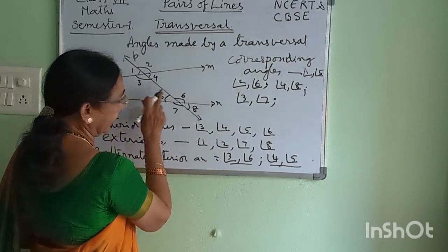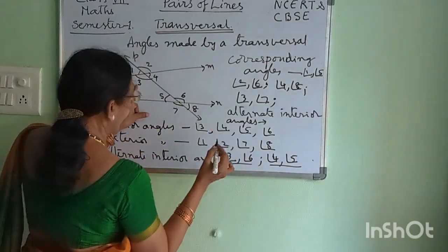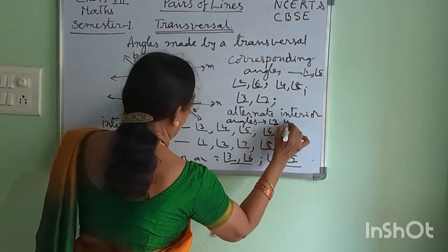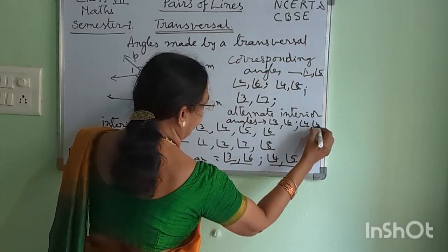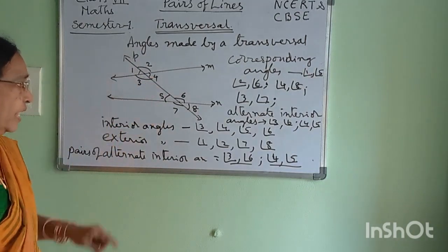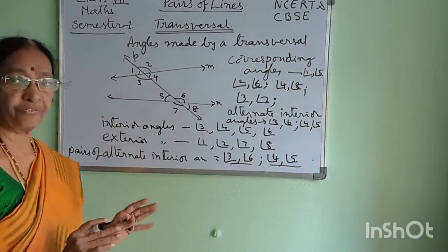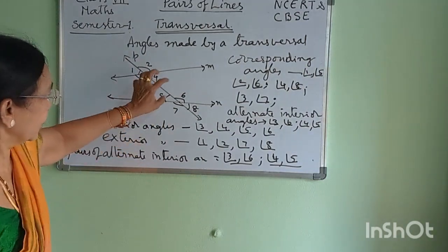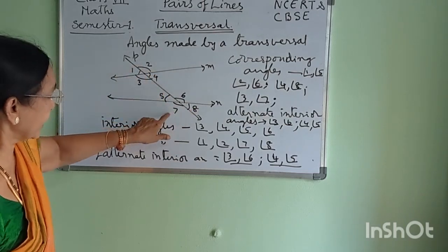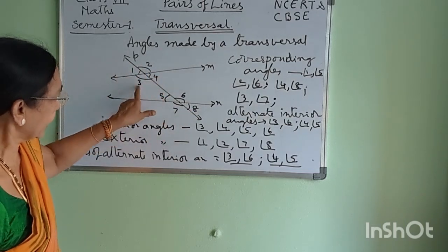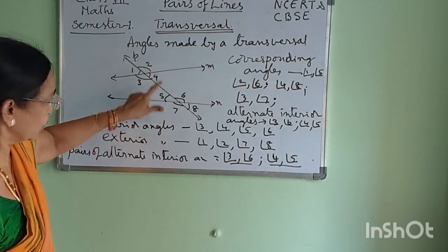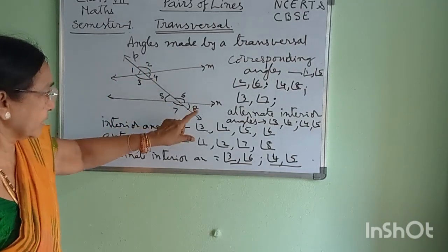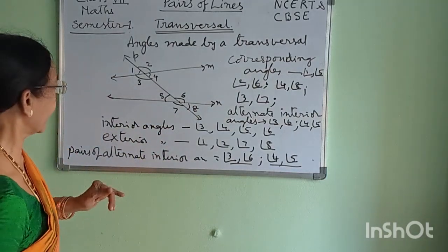Therefore alternate interior angles are angle 3 and angle 6 one set, and angle 4 and angle 5 another set. Thus there are different types of angles: interior angles, exterior angles, alternate interior angles, and alternate exterior angles, 2 and 7 and 1 and 8.